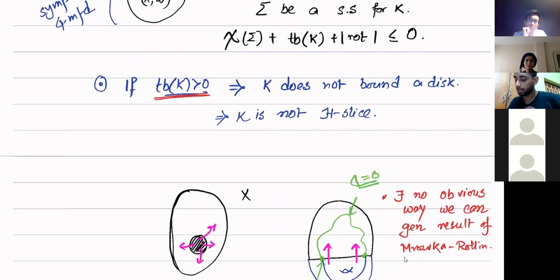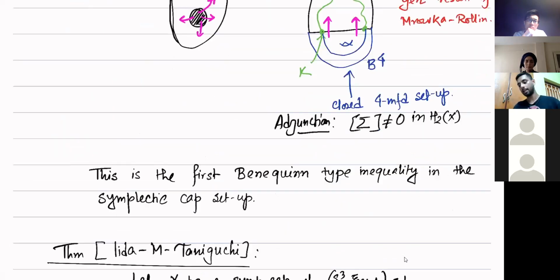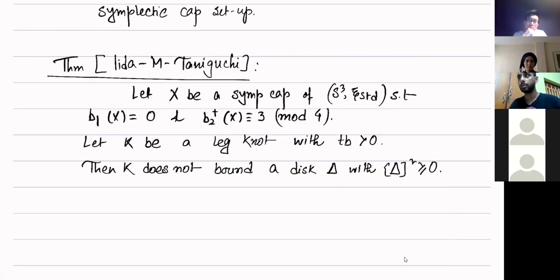But in our case, for a symplectic cap, the only thing I can say is that if K is a Legendrian knot with Thurston-Bennequin number bigger than 0, then the disk cannot have positive self-intersection number. So it is definitely not as strong as the previous result for symplectic fillings, and maybe that is the reason why it took so long to prove this result, because it's not true in various cases.